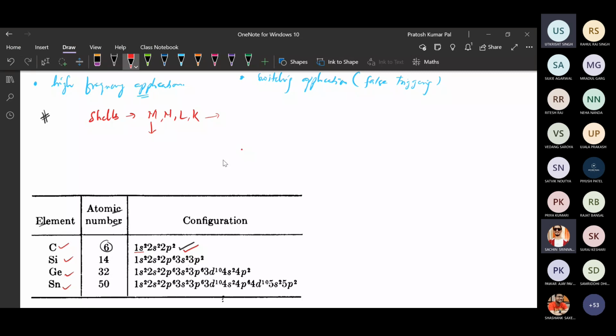The second shell is 2s2 and 2p2, so that means a total of 4 electrons are there in the last, or outermost, shell. In silicon also, the outermost is 3s and 3p, so here also 4 electrons are there, and basically in germanium also 4 electrons are there.